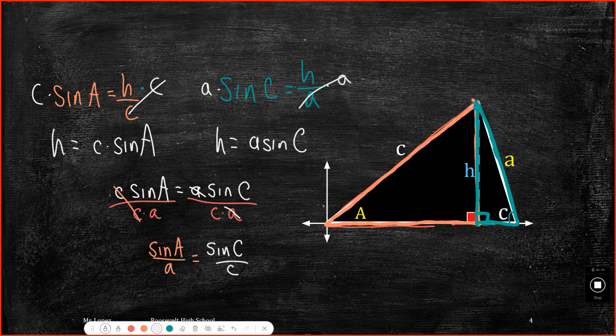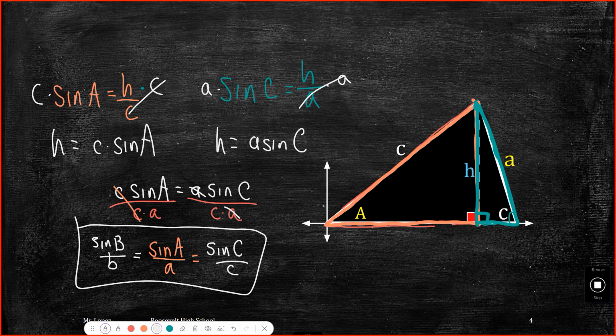So we got sine A over a equals sine C over little c. And what do you think is going to happen with B? Sine capital B over little b. It just follows that it would be true also, no? Yes? That is the law of sines.